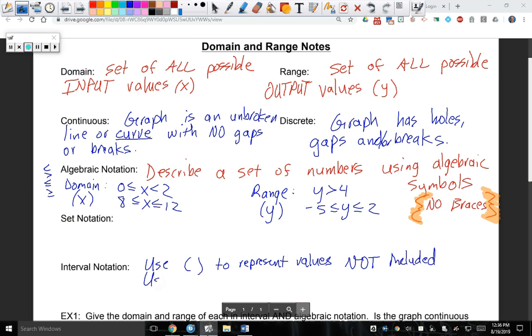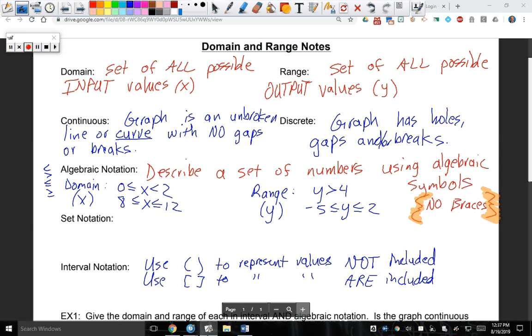And use brackets to represent values that are included. Those ditto points, like quotations, just copy whatever's up top, so that you don't have to copy word for word, and you can actually look up and ask questions.